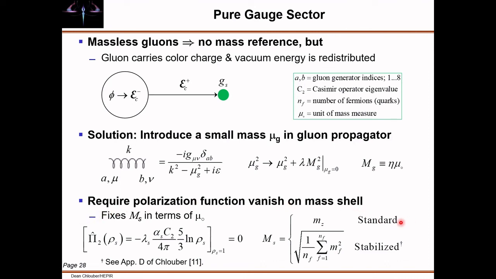Now in the standard theory, m sub s is chosen somewhat arbitrarily to be the Z boson mass. However, in the stabilized theory, if we synchronize momentum arguments for diagrams in the pure gauge sector with those involving a mixture of quarks and gluons, then we can derive an estimate for m sub s in terms of the quark masses.